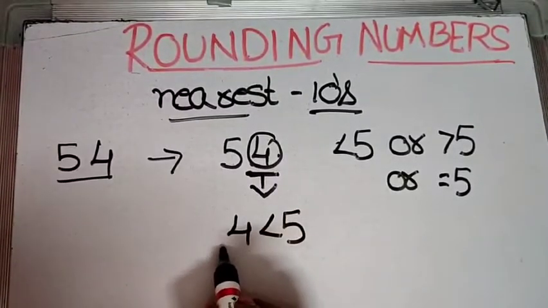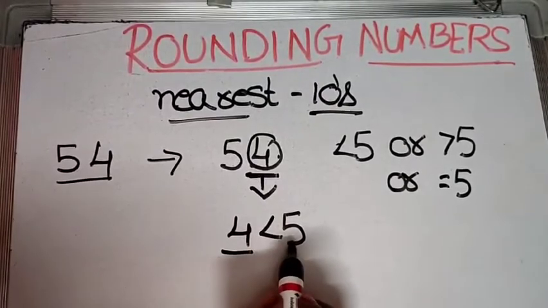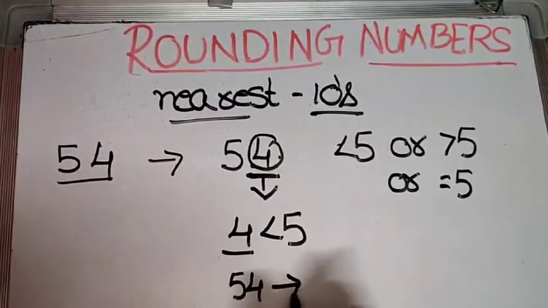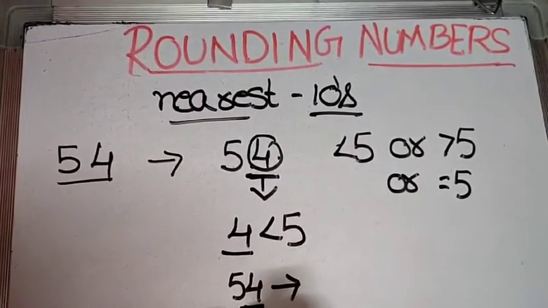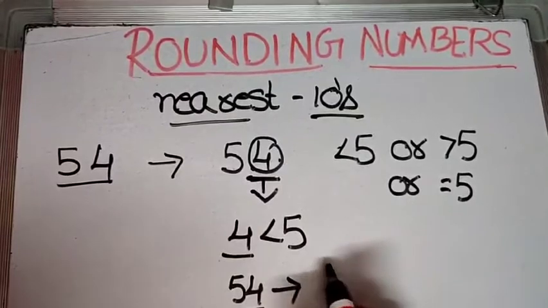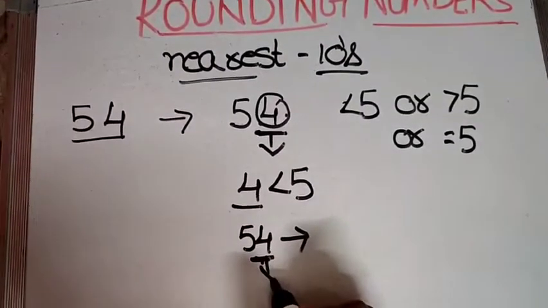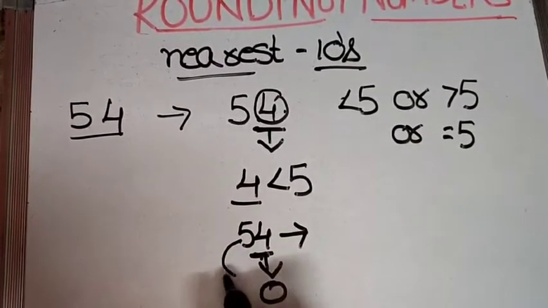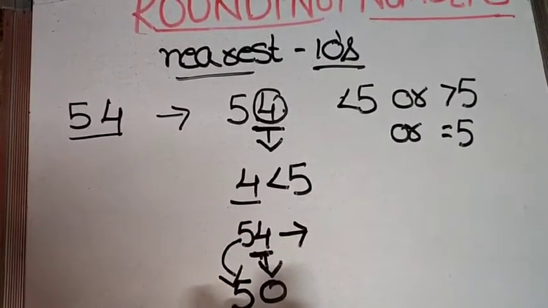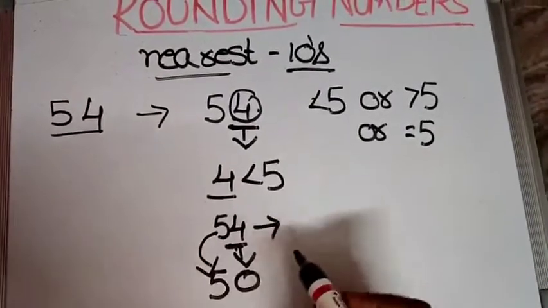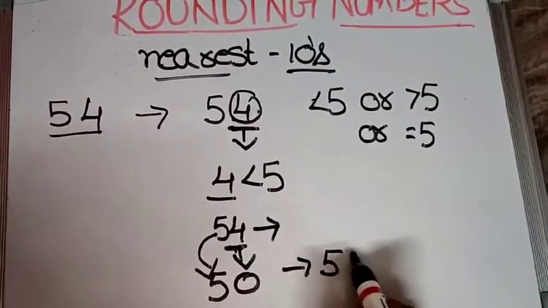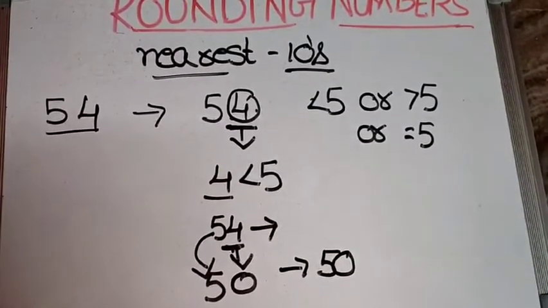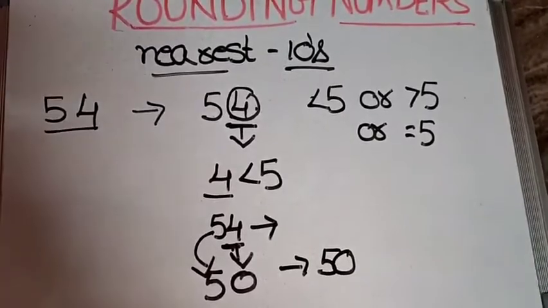So if a digit is less than 5, we have to write this digit as a 0 and get this number down. That is 50, our rounding number of 54 to nearest tens.